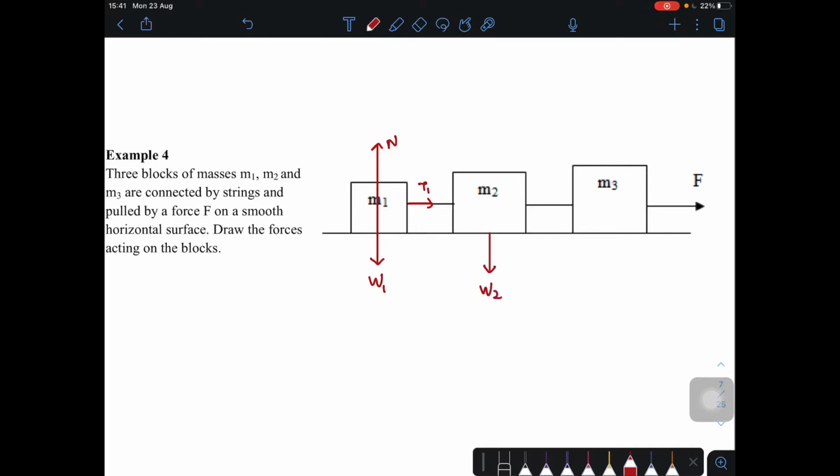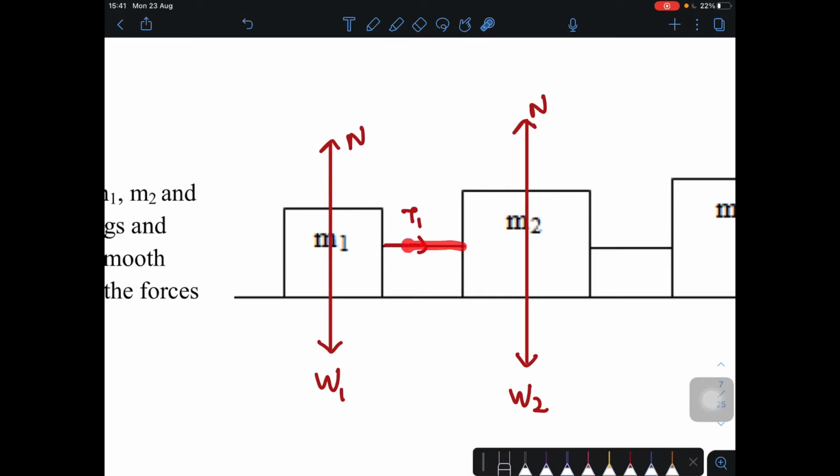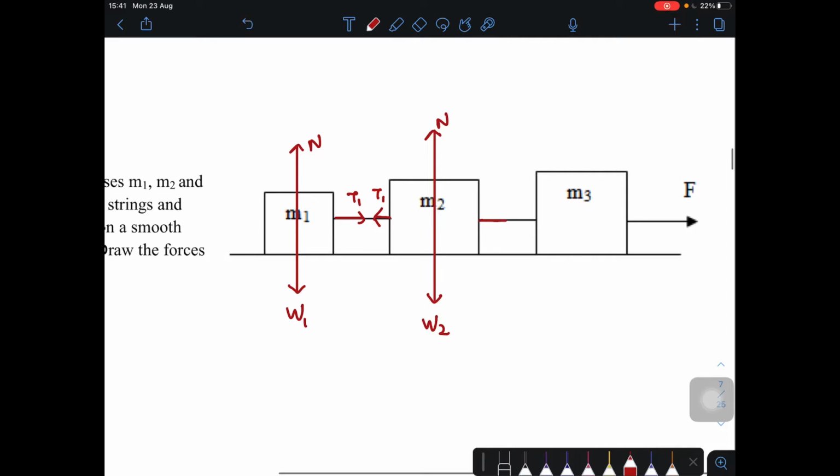Okay, next one we have M2. The most basic, W2, and then normal force, because it is on a surface, and on the left side, it is connected to a string. Since it is the same string, remember, the tension is the same, so the one connected to M2 is also T1. And here, it is the second string, so we label it T2, away from the object.